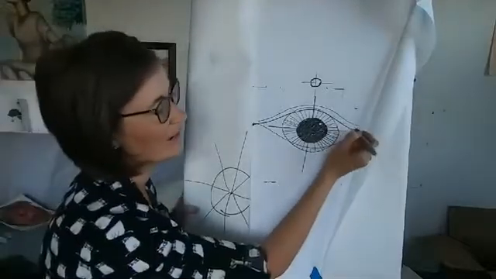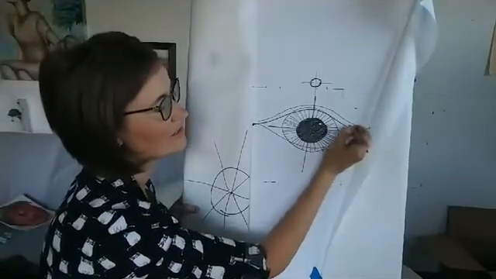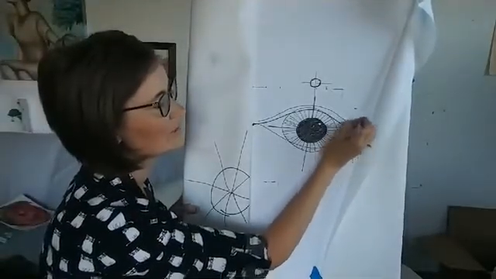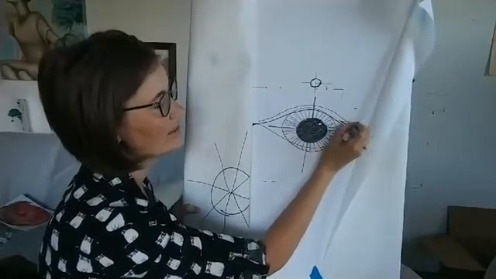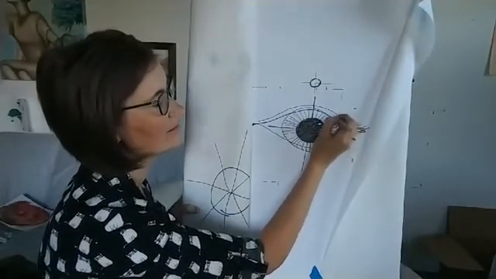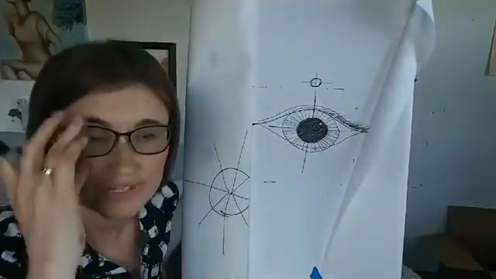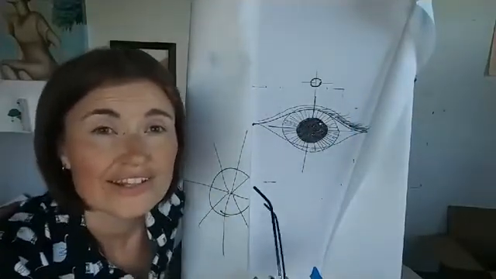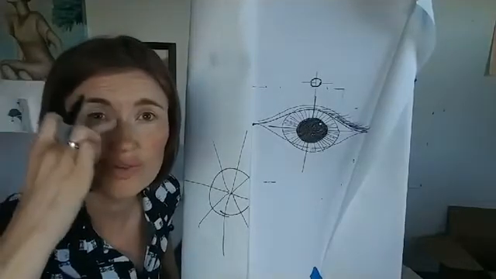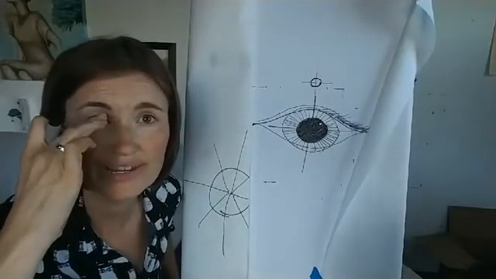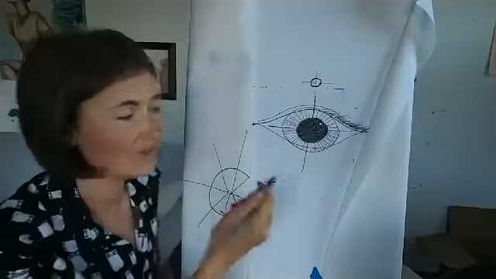And then you can add eyelashes if you want to. Lines out like that, however you want. And if you look close at an eyeball, the eyelashes don't actually go all the way over to the center. They start about right here or halfway over.